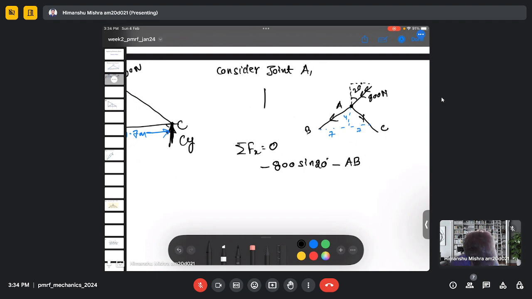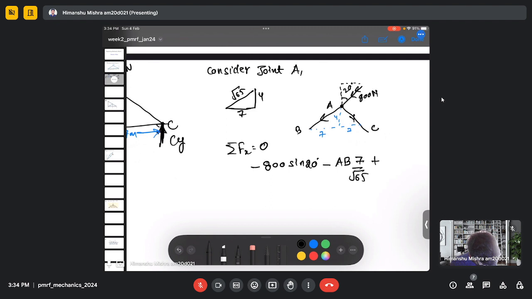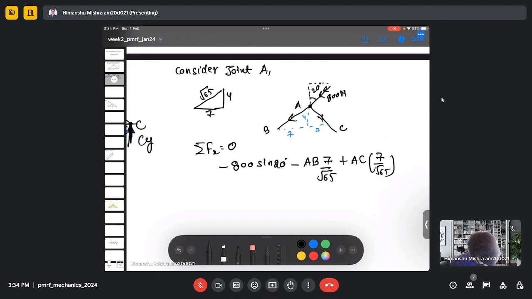If this is my 4 and this is 7, then this will be root 65. So in the horizontal direction it will become 7 by root 65 plus AC 7 by root 65 equal to 0. So this is my equation 1.